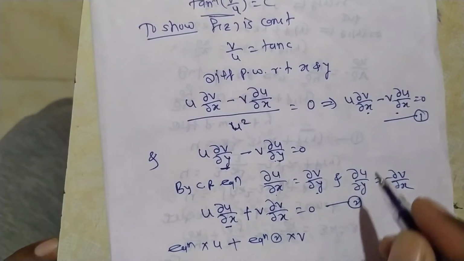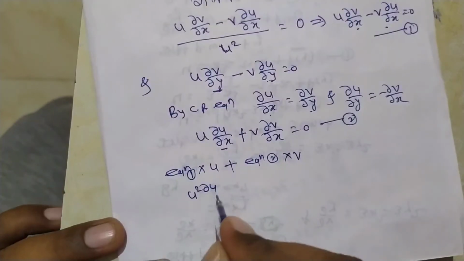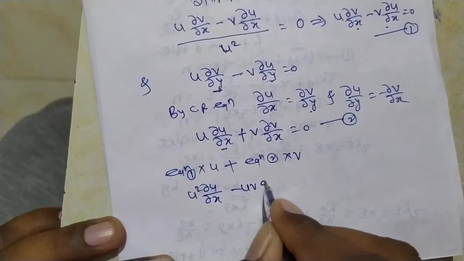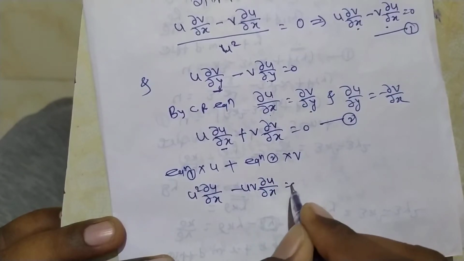So if you multiply equation 1 by u, then equation 1 becomes u square dabba u by dabba x minus uv dabba u by dabba x equal to 0.